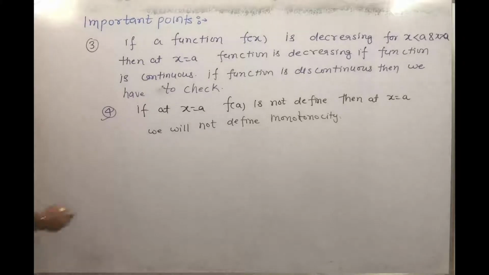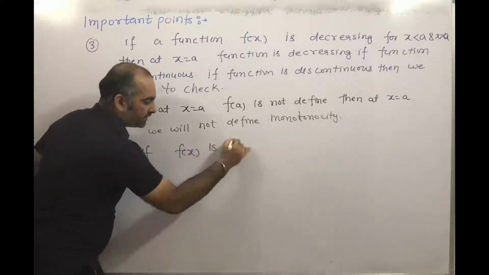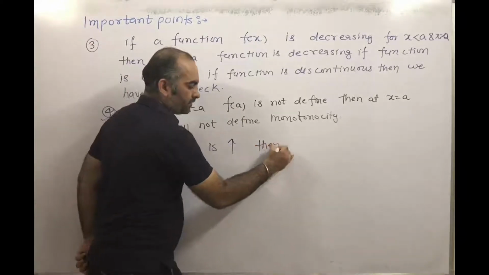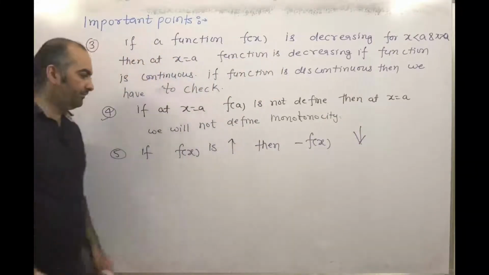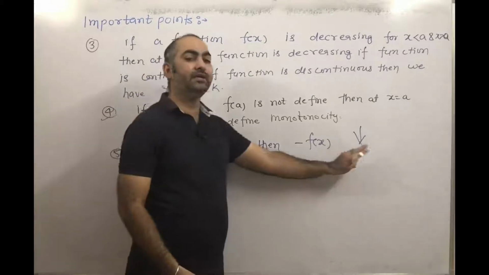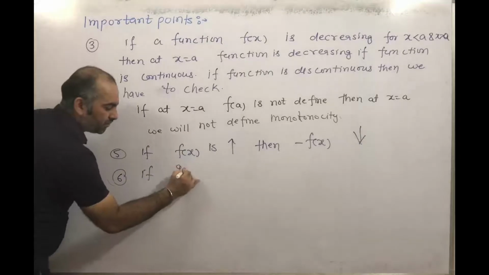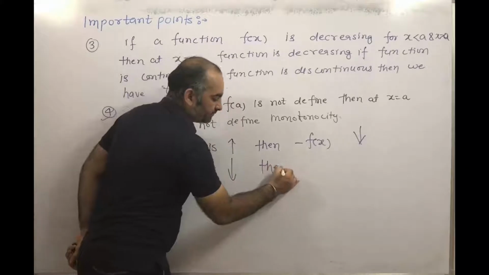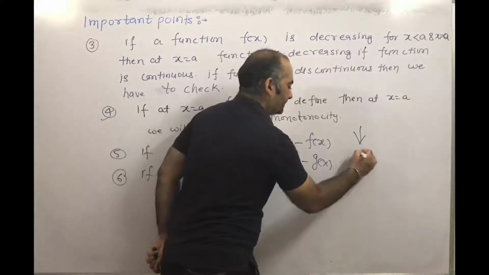Next is point number 5. This is simple. If f of x is increasing, then minus of f of x is decreasing. If f of x is increasing, then minus f of x should be decreasing. Next point, the sixth point. If g of x is decreasing, then minus of g of x is always increasing.